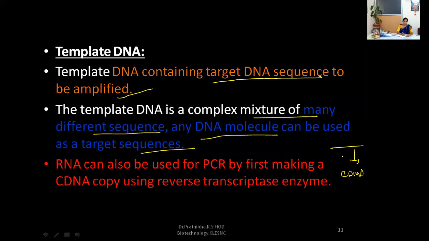Reverse transcriptase enzyme, right? By using reverse transcriptase enzyme, we can convert this mRNA into a DNA molecule, that is a cDNA molecule. Whenever we write that we have a cDNA sample, you must understand this cDNA we have obtained from the mRNA molecule.